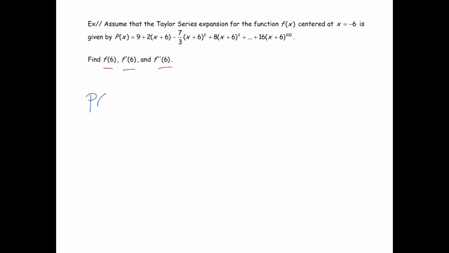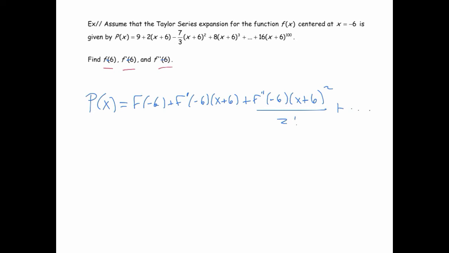So take p of x, and we know the general form of the Taylor polynomial is going to be f of negative 6 — by the way, these should be negative 6s, sorry about that — plus f prime of negative 6, x minus negative 6, which is x plus 6, plus f double prime of negative 6, x plus 6 squared over 2 factorial, etc., right?